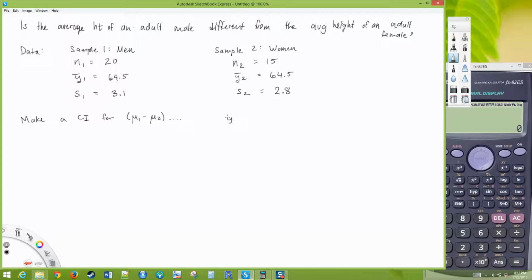And again, y bar 1 minus y bar 2 plus or minus t star. I'm going to pause the video right here and you guys go ahead and work through this. Do a 95% confidence interval, sorry.